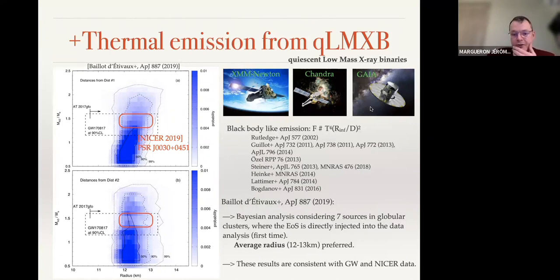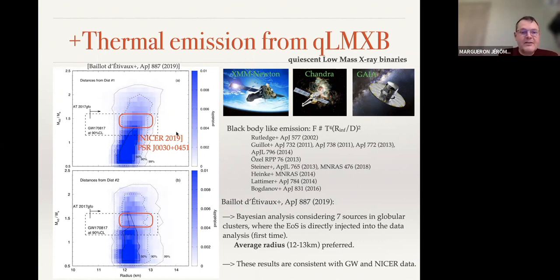I will just briefly present a Bayesian analysis made by Nicolas Baillot d'Etivaux in 2019, which was based on 7 sources in a globular cluster, and where the equation of state was directly injected into the data analysis, while before the data analysis and the equation of state calibration were done in 2 different steps.